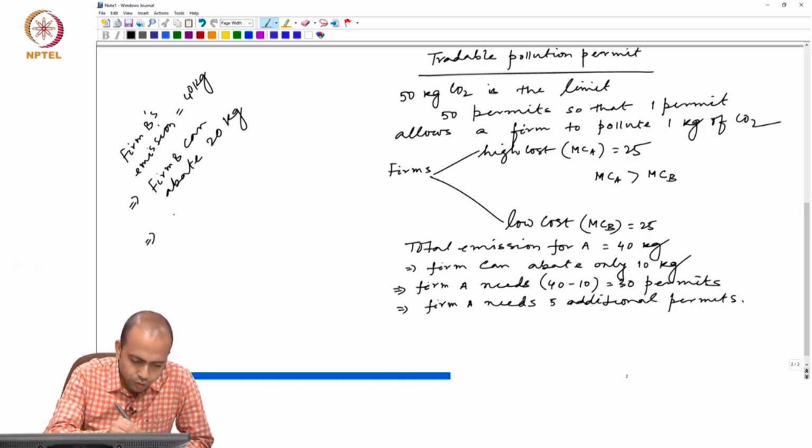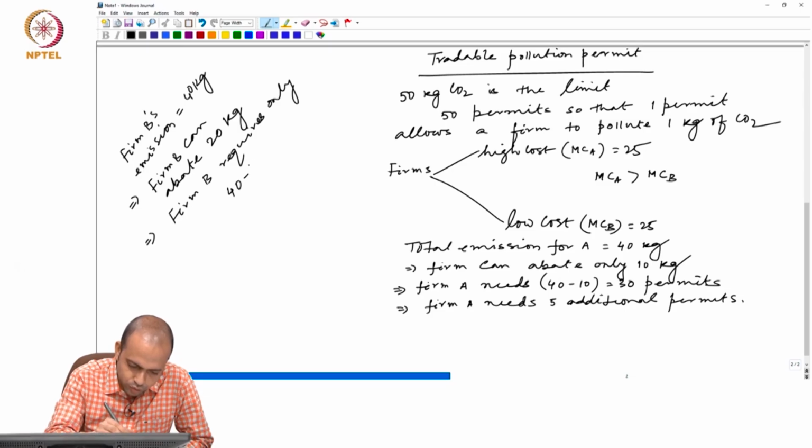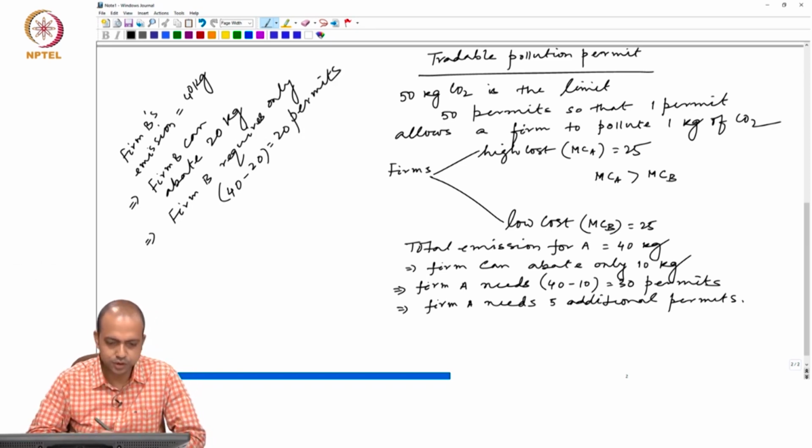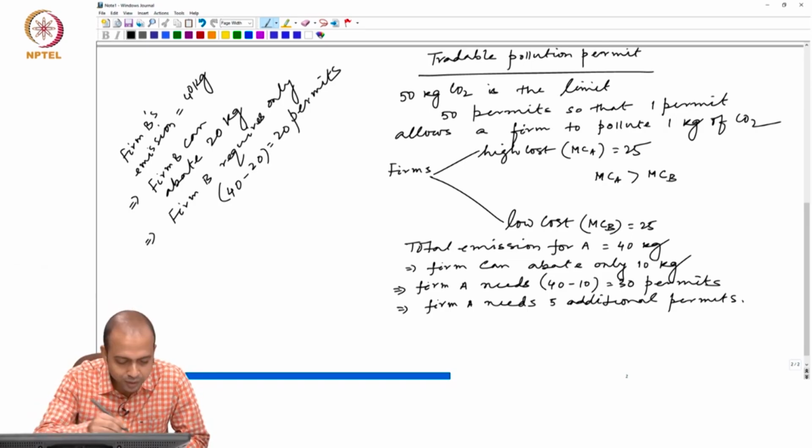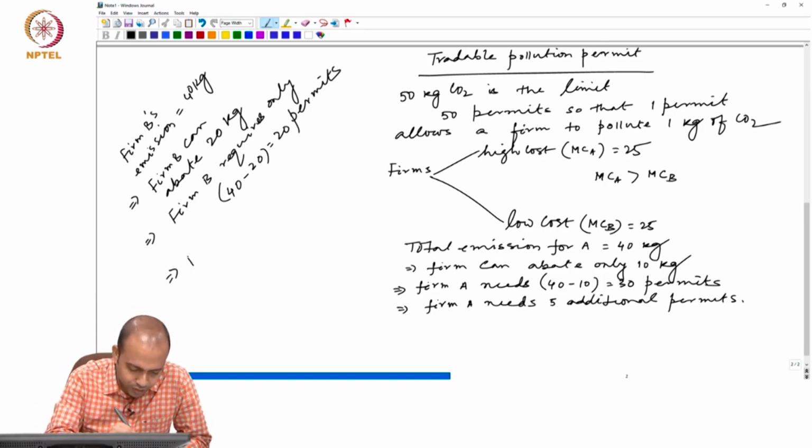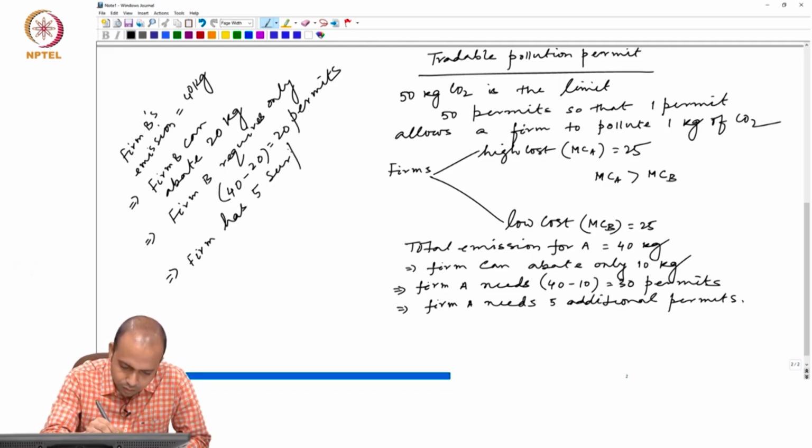So, firm B requires only 40 minus 20 equals 20 permits. But firm B has 25. So, that means firm B has 5 surplus permits.